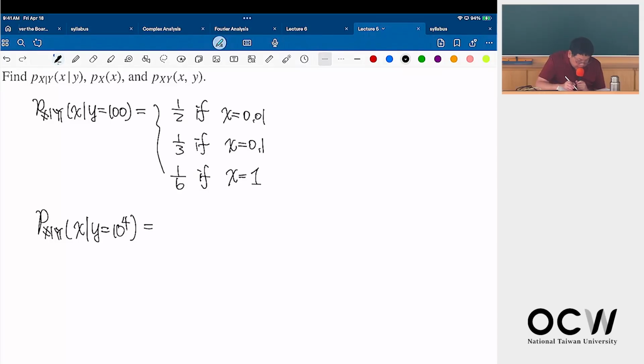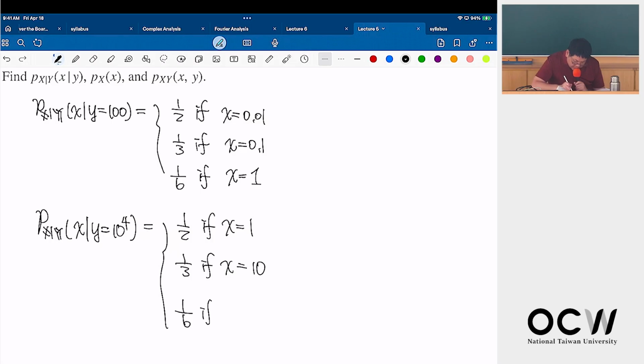So it will be 1/2 if x equals 1, or 1/3 when x equals 10, or 1/6 when x is equal to 100.